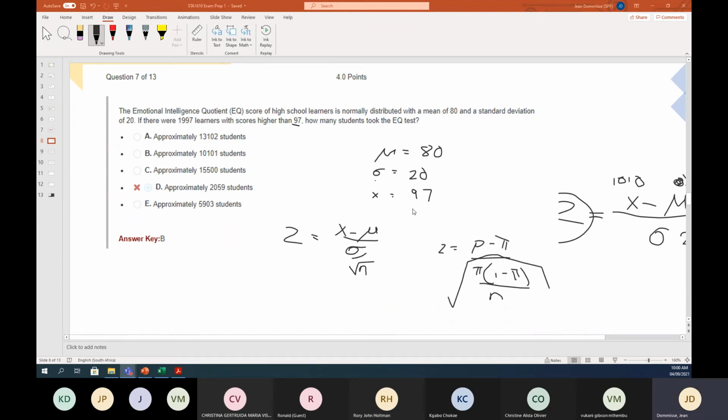This is quite... I would have, if there were 1,979 learners with scores higher, she said it's all about the scores here. But we want to get to the students.